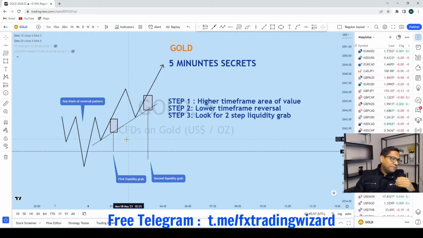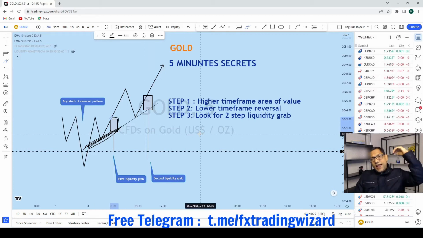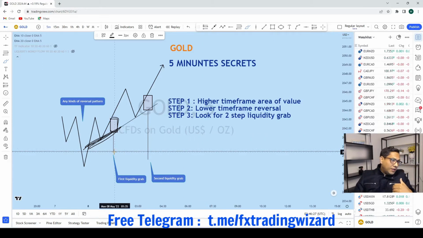Now, as you can see, once the price has formed an inverted head and shoulder, this is the 5 minutes candle, and you can see that the first one has crossed a couple of candles low. There was a lower time frame trend line, okay, in an uptrend, in a downtrend the other way around, and you wait for the price to cross that trend line, that candle completely, a couple of candles break that trend line, and then grab liquidity and then close above.